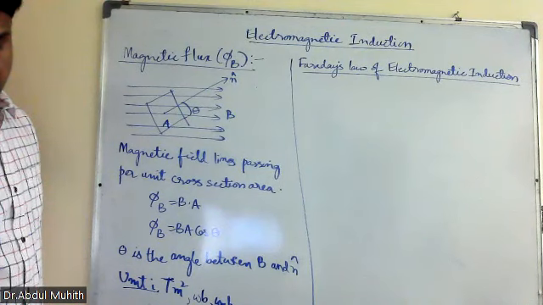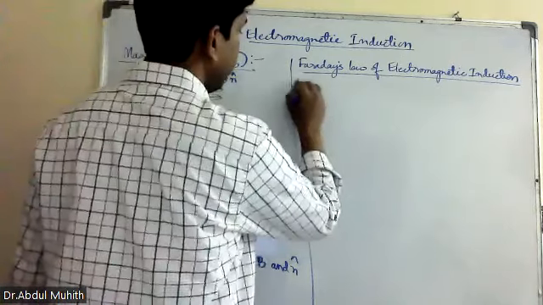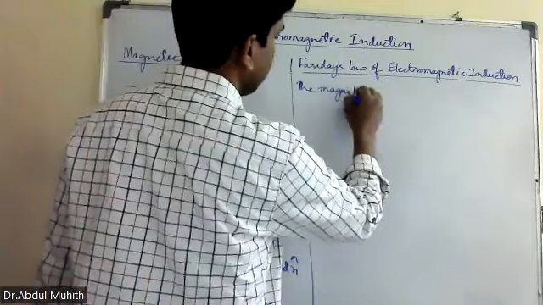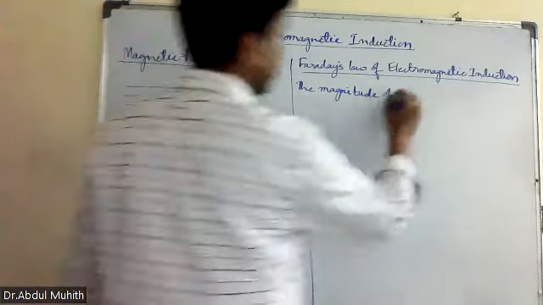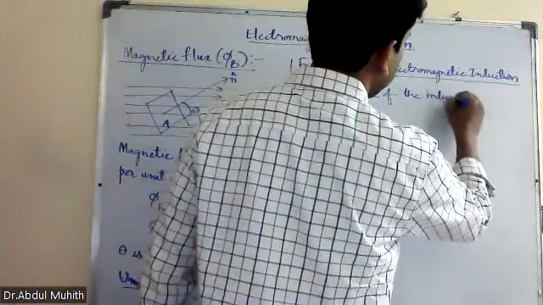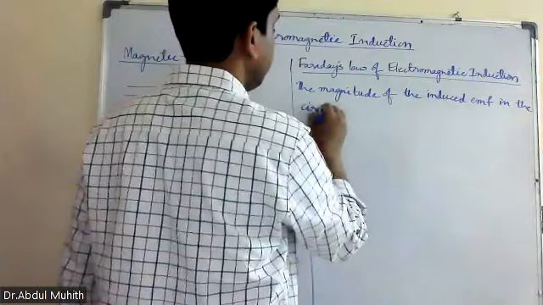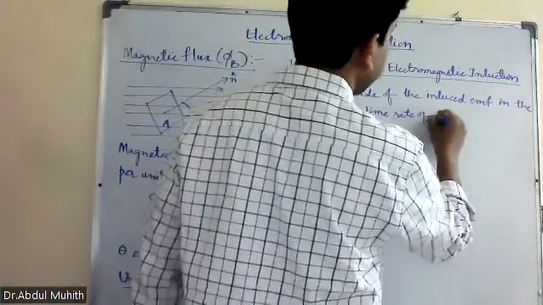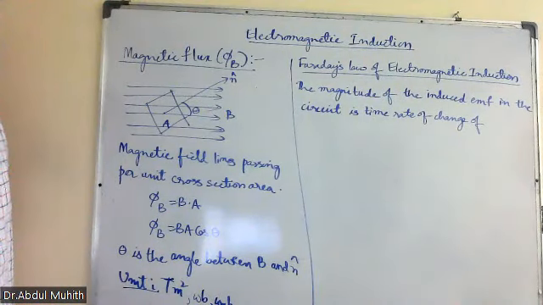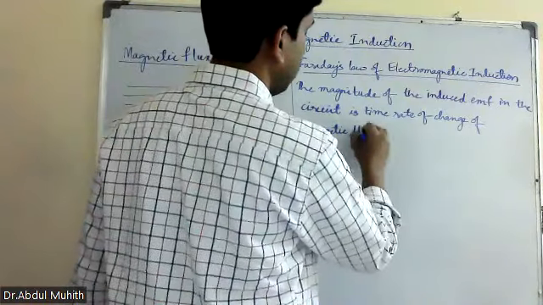It says that the magnitude of induced EMF in a circuit is equal to the time rate of change of magnetic flux through the circuit.